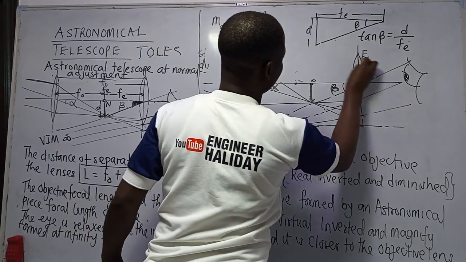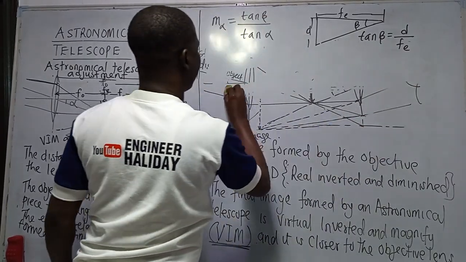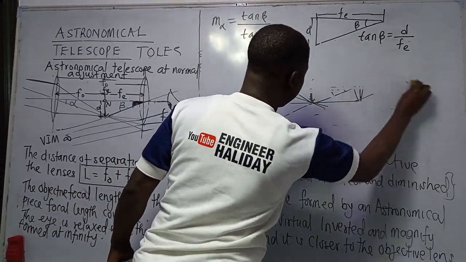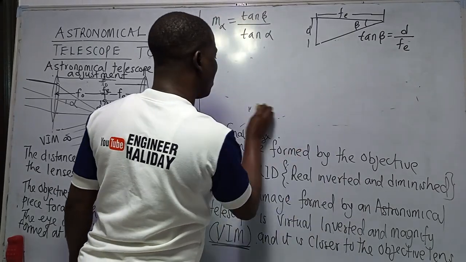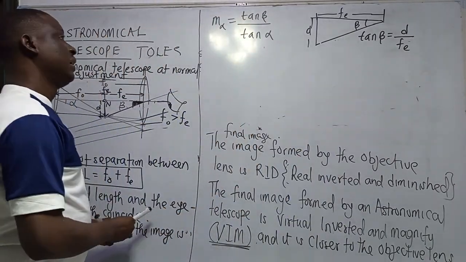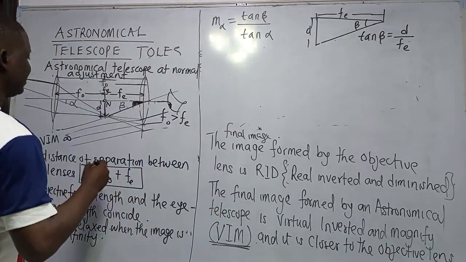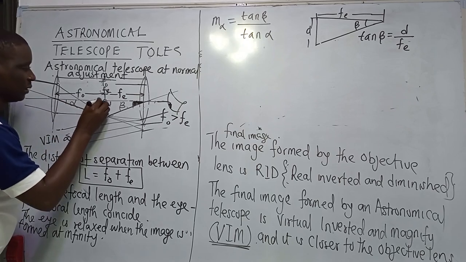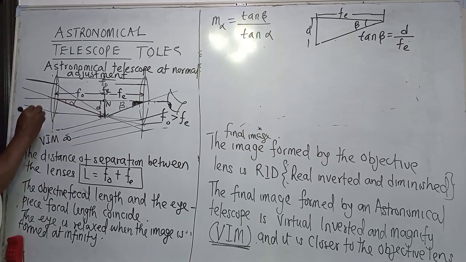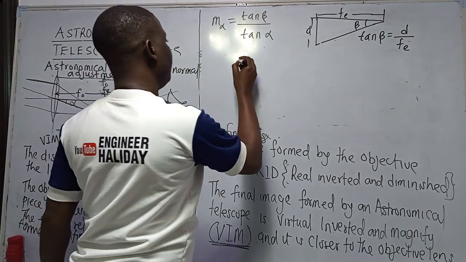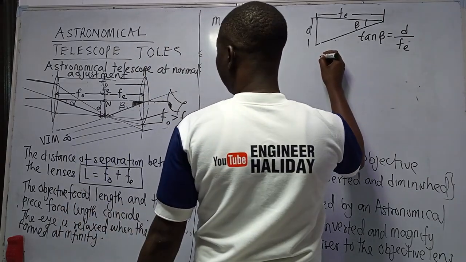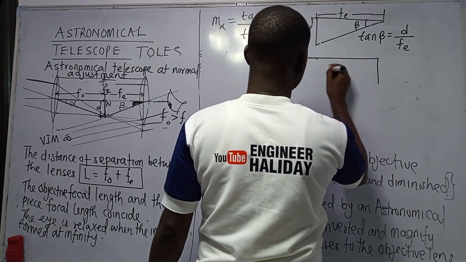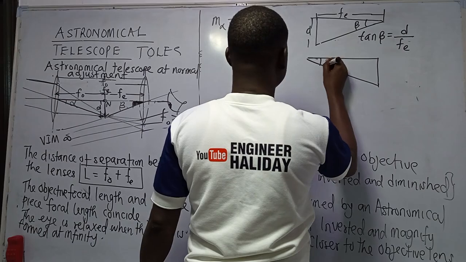Now to find tan alpha, which is the angle subtended by the objective lens, look at the diagram again. This one is alpha.